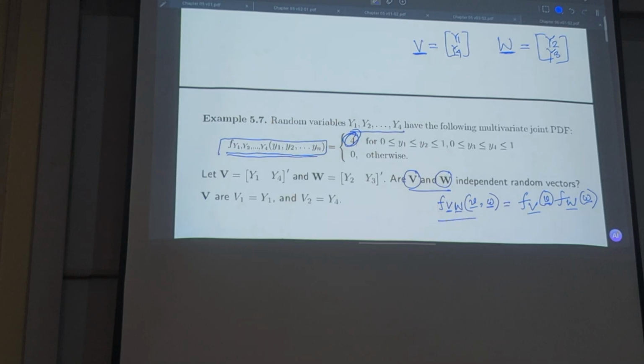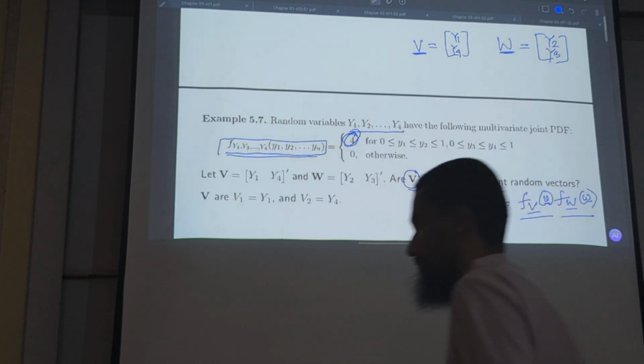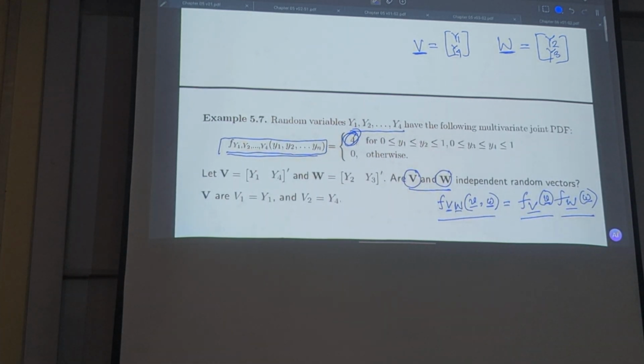The joint PDF will be equal to the product of the marginal PDFs of random vectors V and W.